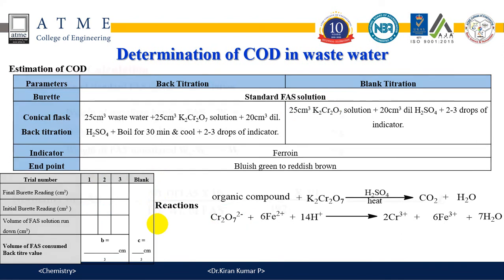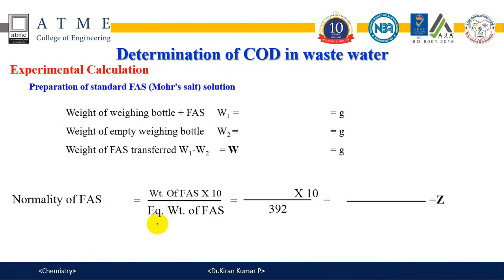Now let us move on to the calculation part. Similarly, here also you have 2 parts. Part A is meant for the standard solution of FAS. Weighing bottle plus FAS gives W1. The empty weighing bottle after transferring the FAS into the standard flask gives W2.